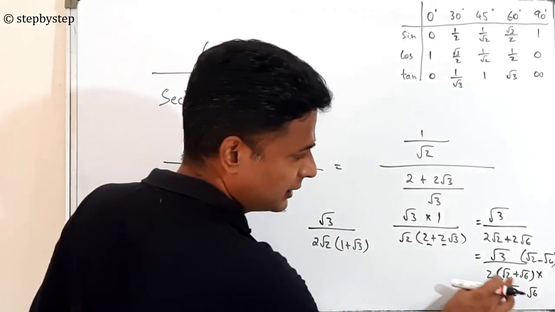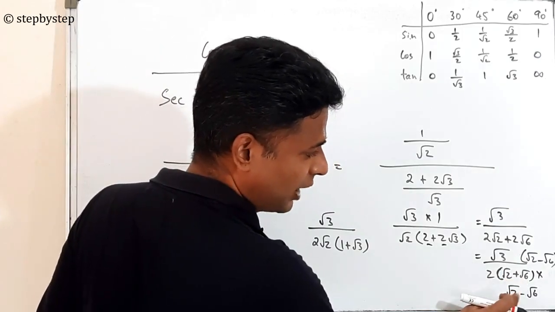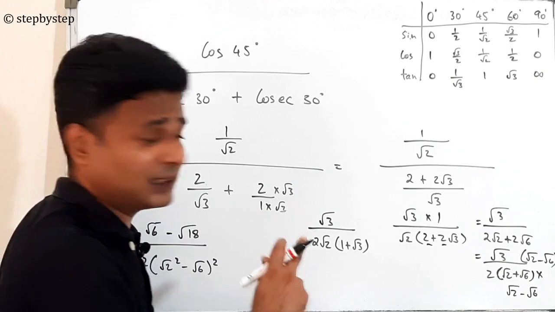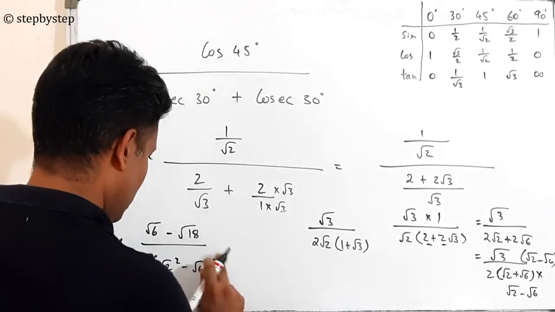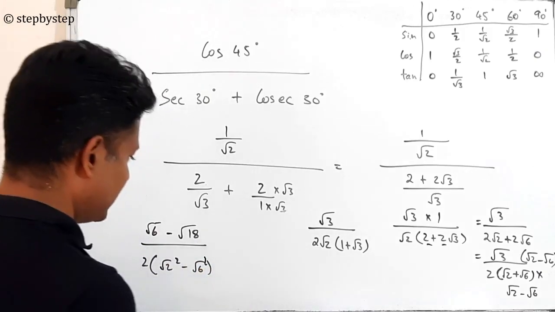You remember this, right guys? Here is of the form a plus b, so I have to multiply by a minus b to rationalize. Up and down we multiply by a minus b. So what, not whole square, root 2 square minus root 6 square.